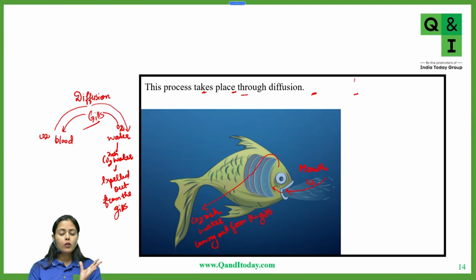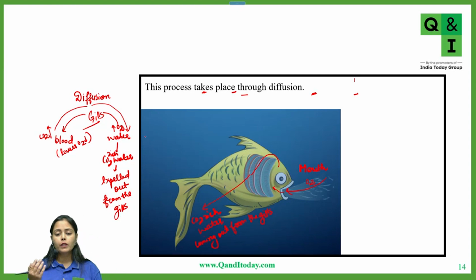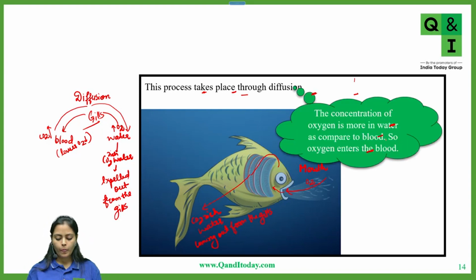Here the oxygen concentration was higher in water, so it entered the blood, because the blood had a lower oxygen concentration. Carbon dioxide was present more in the blood, so it will enter the water, because the water had a lower carbon dioxide concentration. So diffusion refers to the movement of gases from a region of higher concentration to a region of lower concentration.